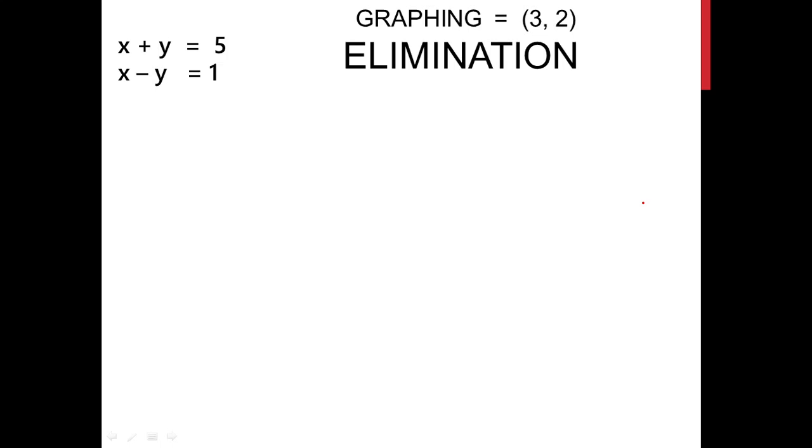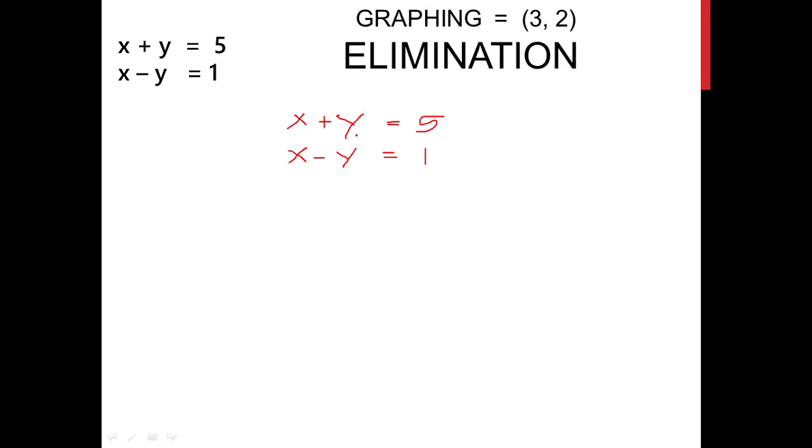Now, the elimination method is simply eliminating one variable to solve for another variable. Using the elimination method, our target, from the word elimination, is to eliminate one variable to solve for the other variable, using the addition of integers.